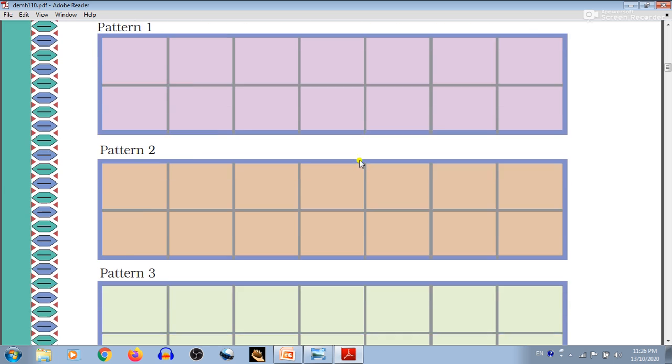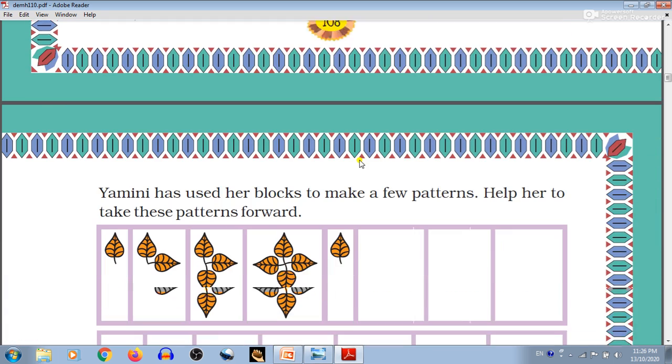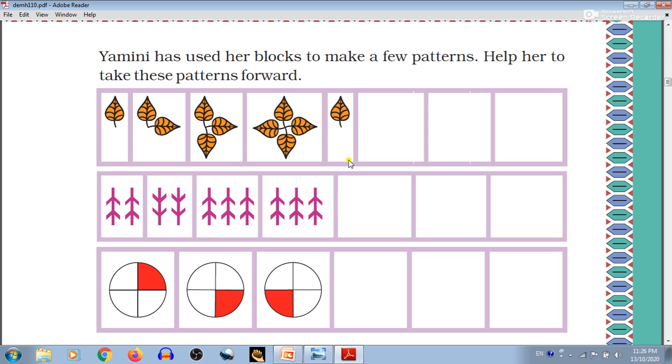Now coming to the next page, page number 109. You see here Yamini has used her blocks to make a few patterns. Help her to take these patterns forward. Yamini has taken only one leaf, upward. Here two leaves, one is upward, another is towards the right side. Here she has taken three leaves, one upward, one downward, and one on the right side.